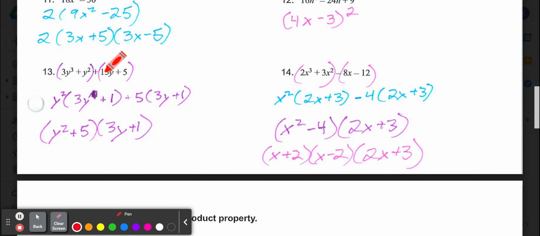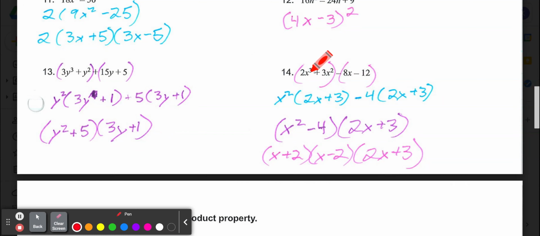In the second 2 terms, I can factor out a 5, leaving me with 3y plus 1. So then, using grouping, we combine what's outside, the y squared plus 5, and that's our first binomial, y squared plus 5, times our second binomial, 3y plus 1. And that would be our final answer.